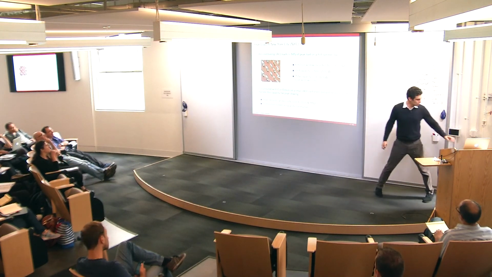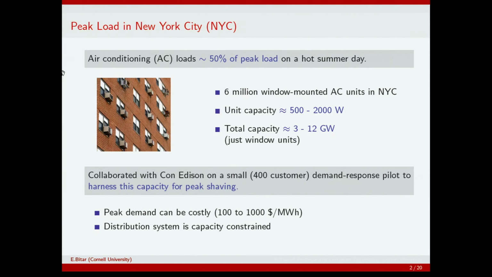Okay, so this was in collaboration with Consolidated Edison in New York City. So here our objective was to control air conditioning units. There are roughly 6 million wall-mounted units in New York City, each of which has a capacity ranging from 500 to 2000 watts. So in total, the peak capacity, if they were all on at the same time, would be 12 gigawatts.